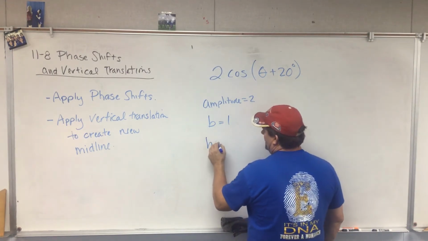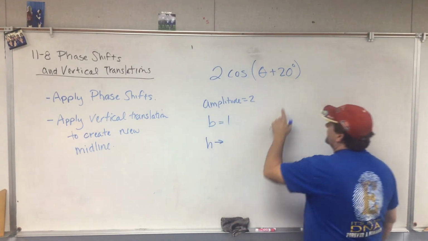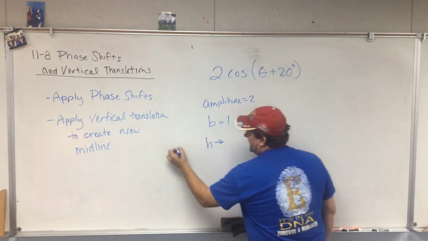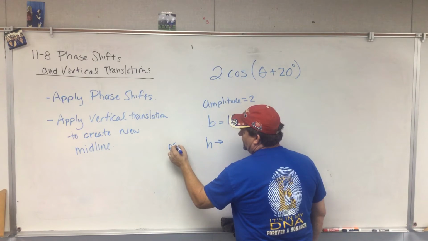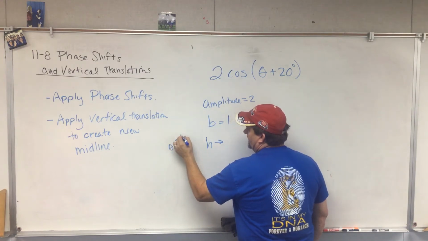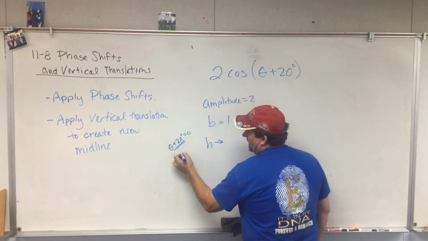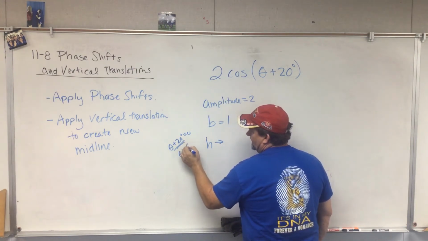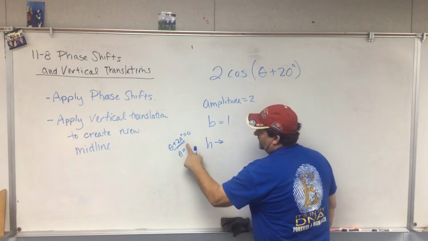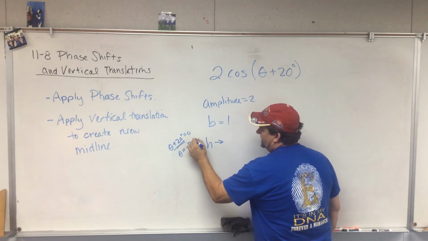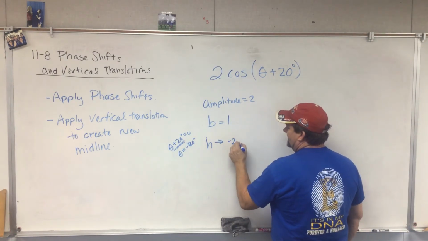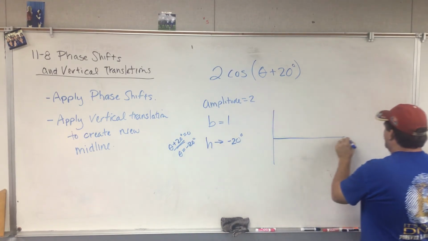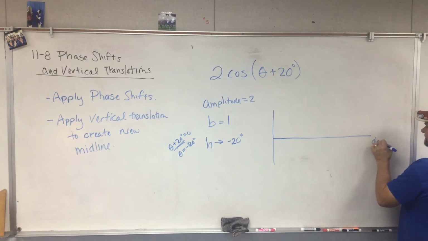My h is going to be negative 20. It's the opposite. So if I take theta and set it equal to 0, my phase shift is going to be negative 20 degrees. That means I'm going to move negative 20 degrees. So let's go ahead and draw our graph here. We have degrees.